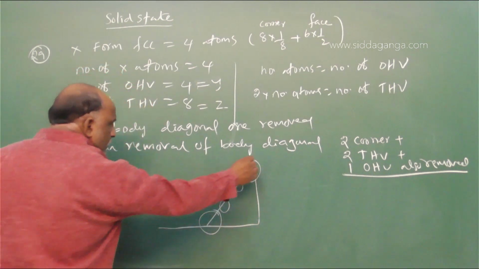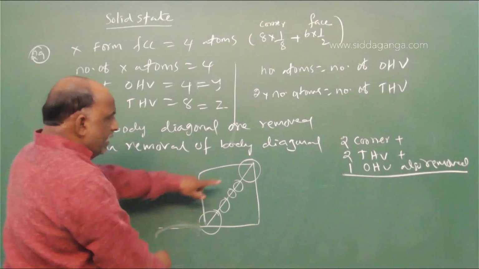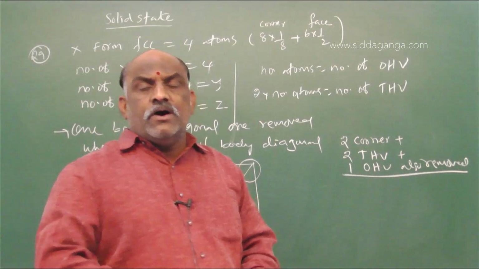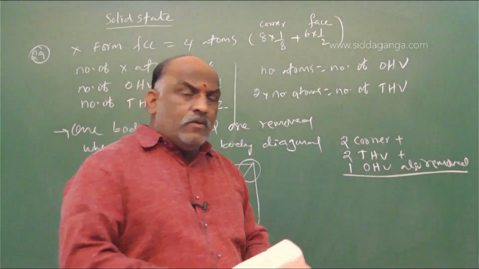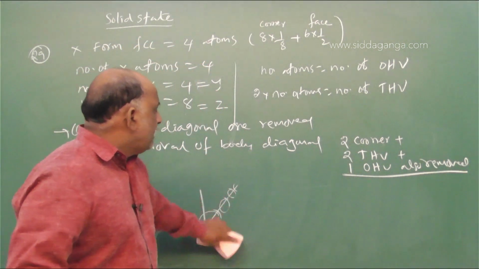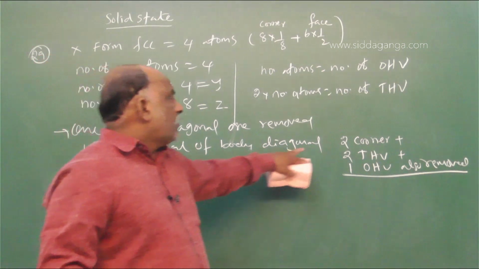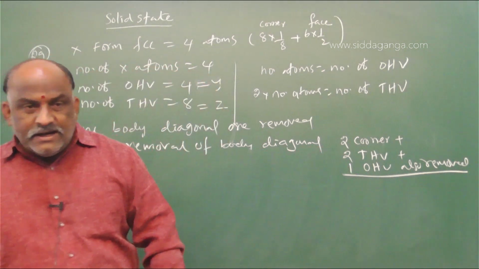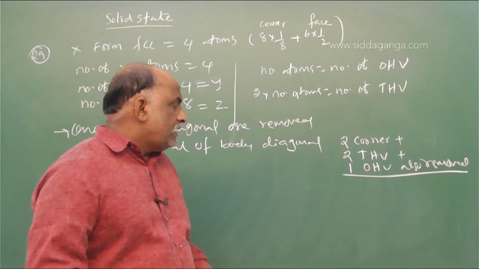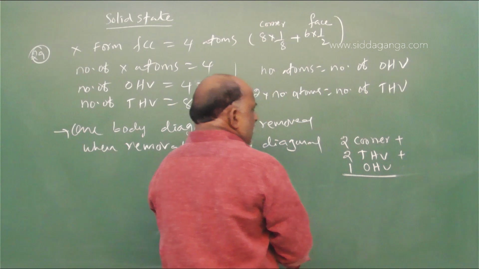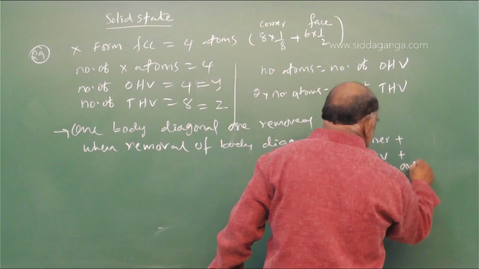In this body diagonal, two corner atoms, two tetrahedral voids and one octahedral void are present.